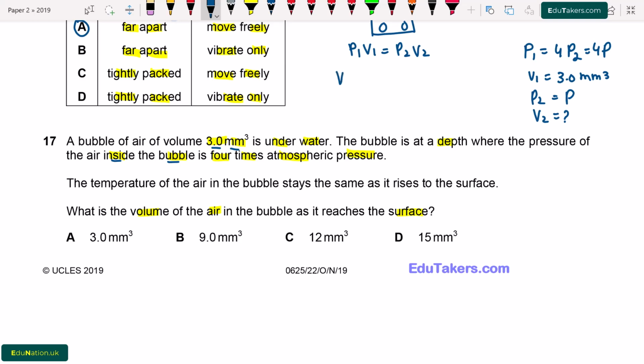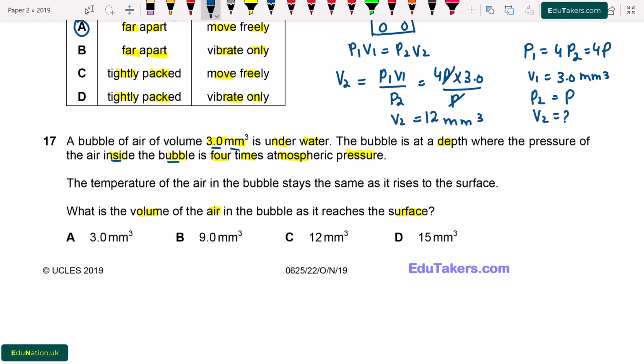So I put values here. V2 is equal to P1 V1 over P2. P1 is 4P multiplied by V1 is 3.0 divided by P2 is P. So this P cancels by this and there will be 12 millimeter cube.